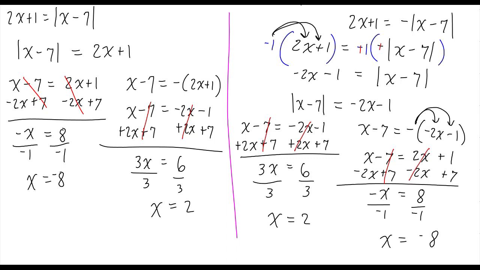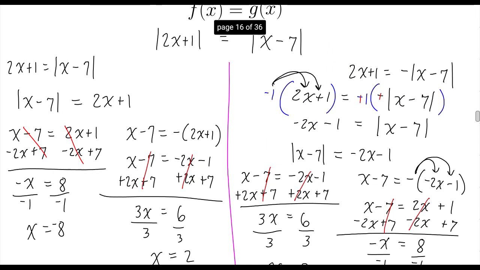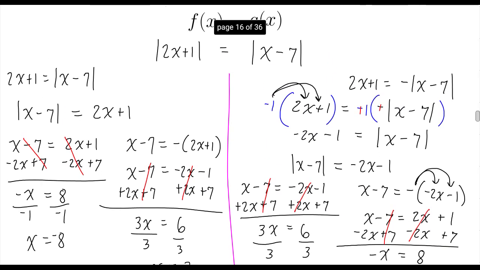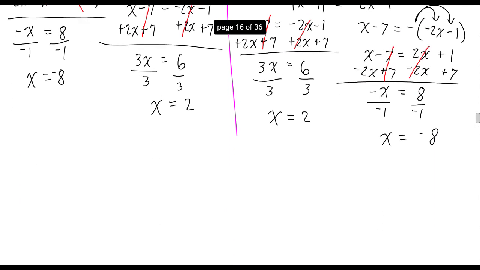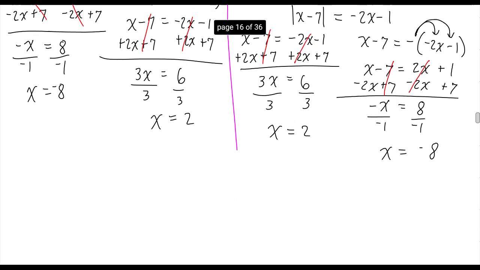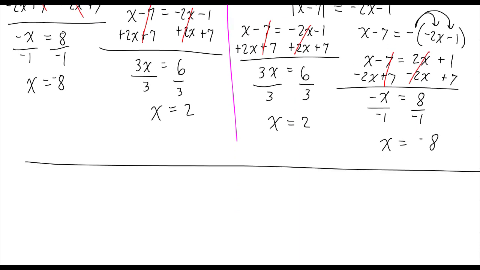Now what I want to do is go back and make sure these actually work, okay? Both negative 8 and 2. So I'll go back to my original. Absolute value of 2x plus 1 equals absolute value of x minus 7. So again, I'm testing it out.